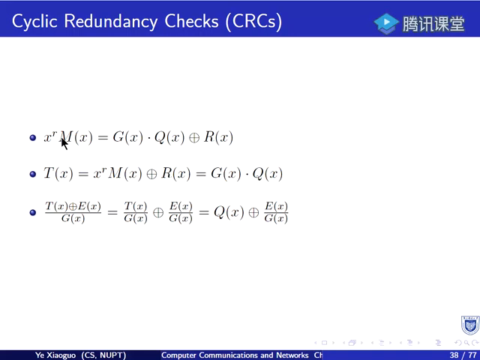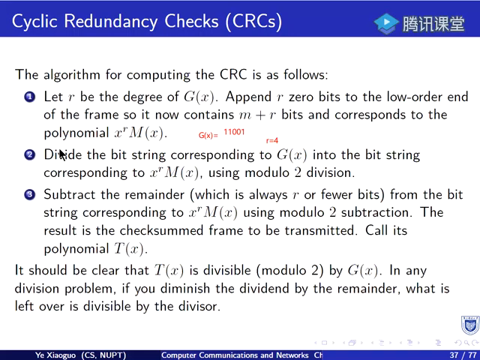Then we should understand this equation. For example, step 1, we get x^R M(x), right? Append R 0 bits to the M(x), then we get the polynomial x^R times M(x).